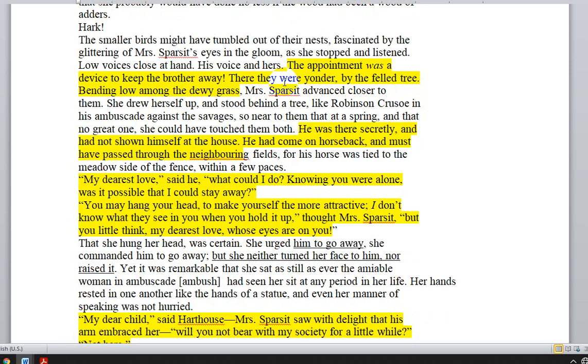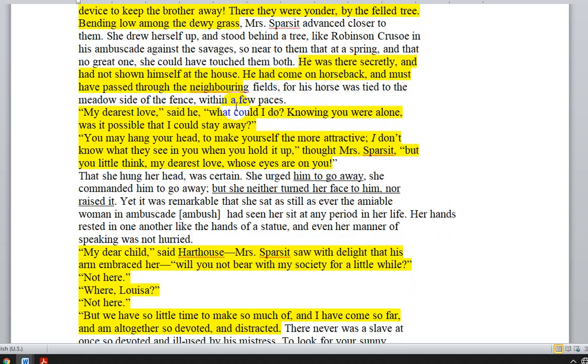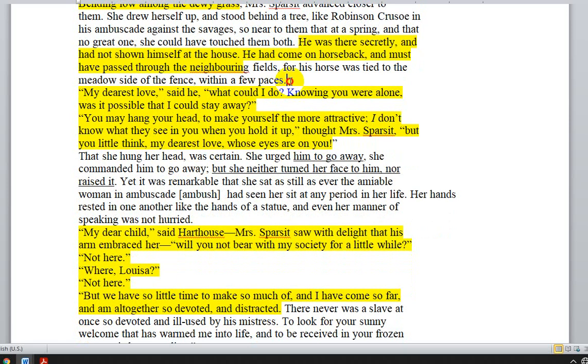She describes them sitting under the tree with grass. He was there secretly and had not now shown himself at the house, so that he would not be exposed. He had come on horseback and must have passed through the neighboring fields, for his horse was tied to the meadow side of the fence with a few paces.